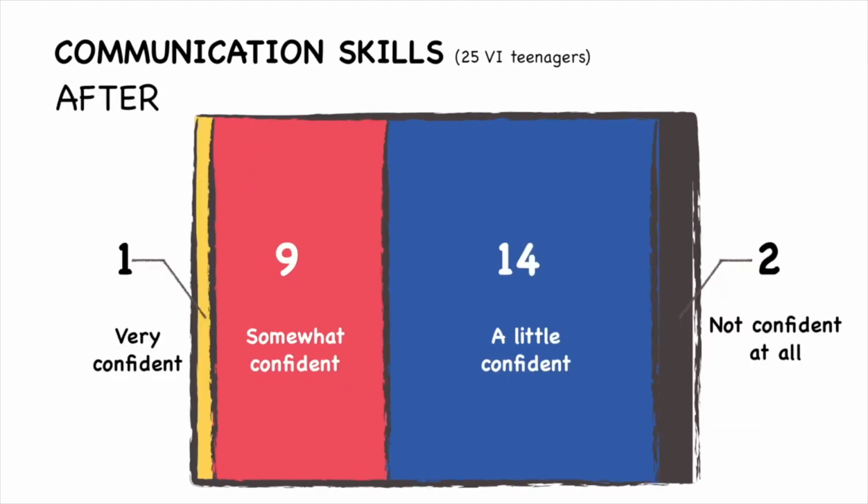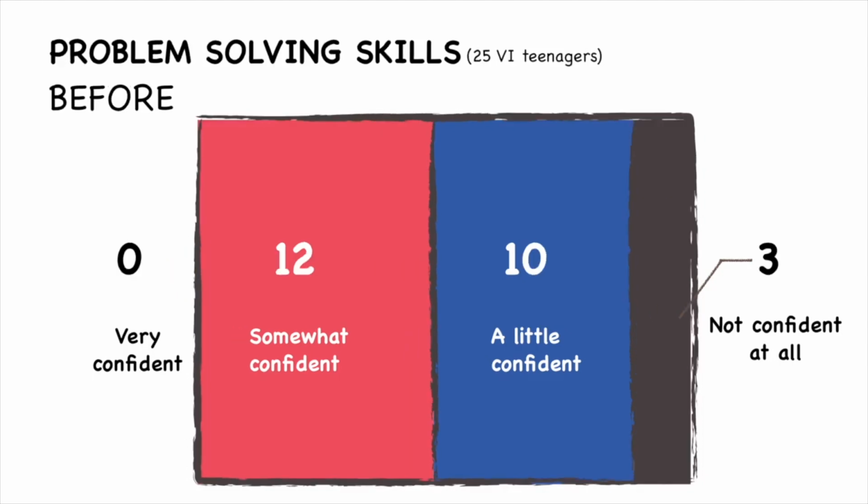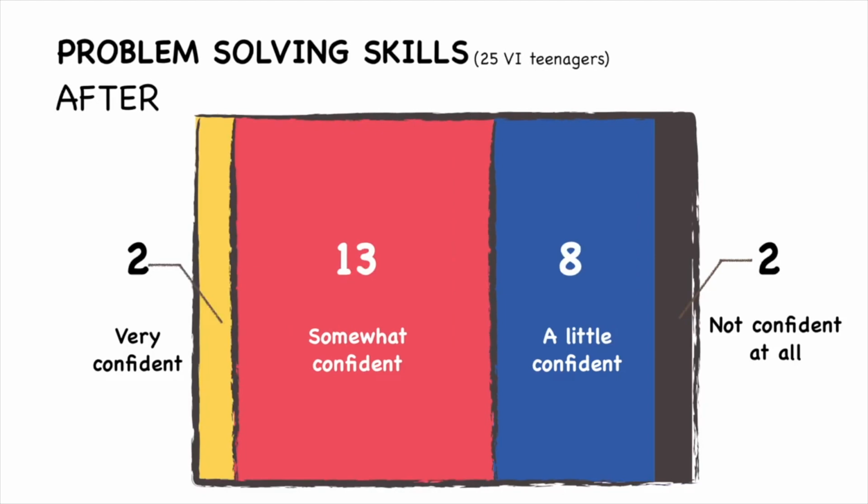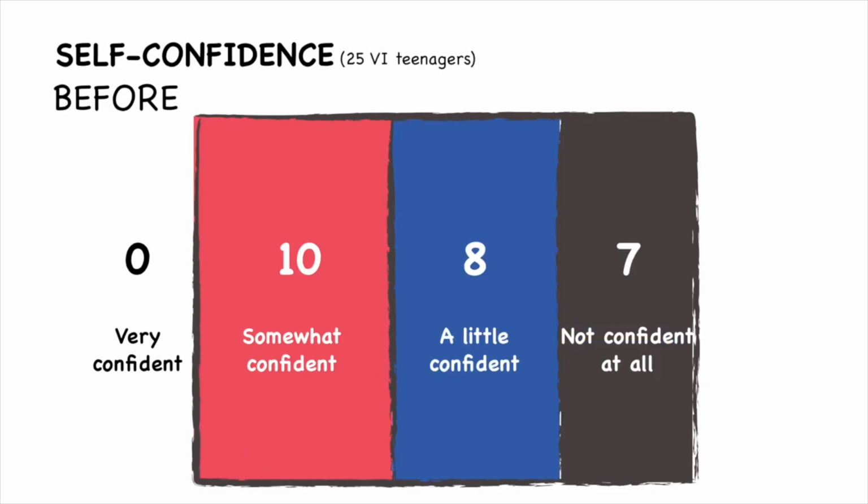But after their mission, there was significant improvement in confidence. Before their mission, most of the teenagers felt little confidence in being able to solve problems. But their ability to problem solve greatly increased, meaning if something unexpected comes up in the future, they will be able to solve these problems.